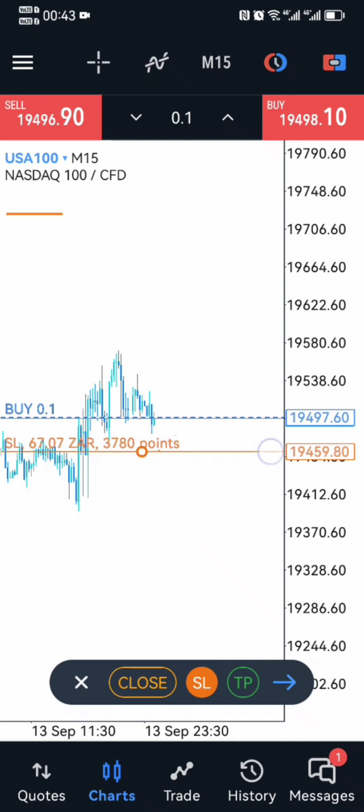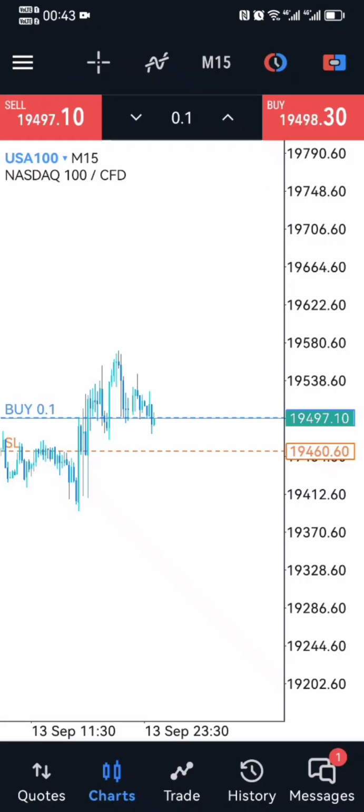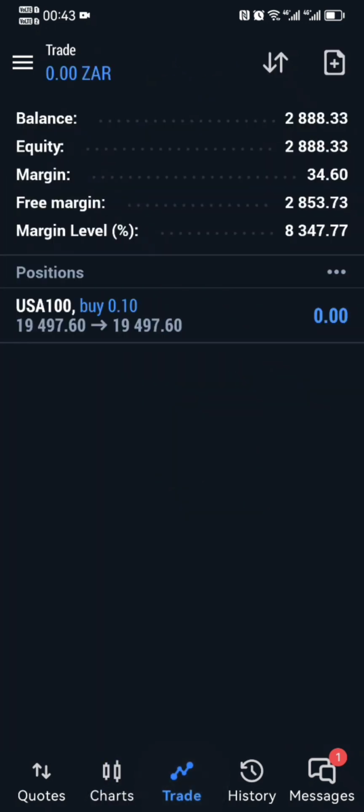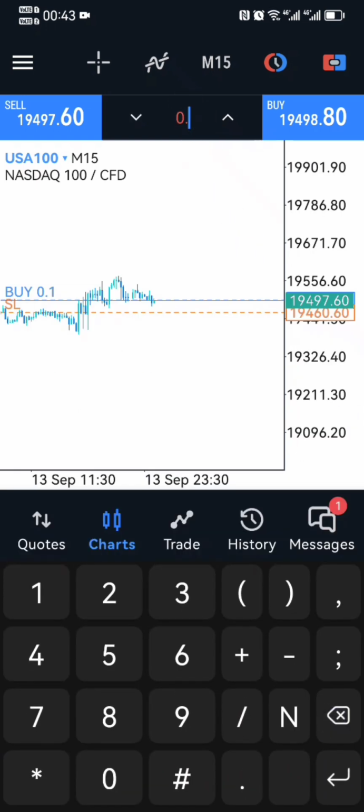So I think I can put my stop loss right here. I'm gonna go a little bit higher because of the risk. Let me go 50 this time around.